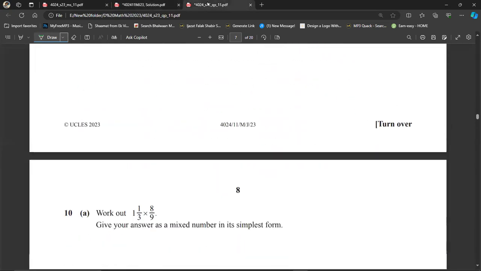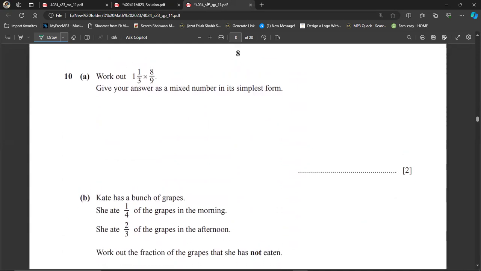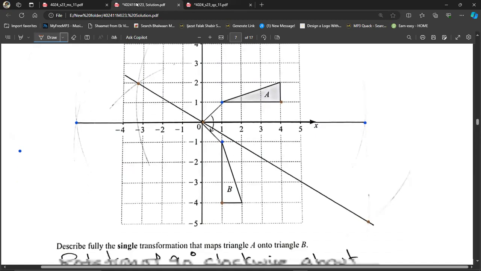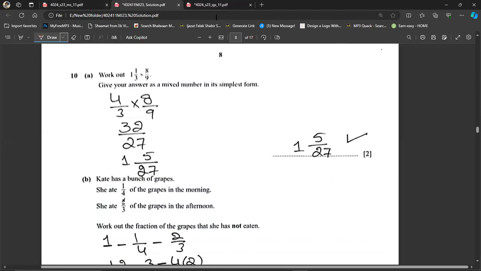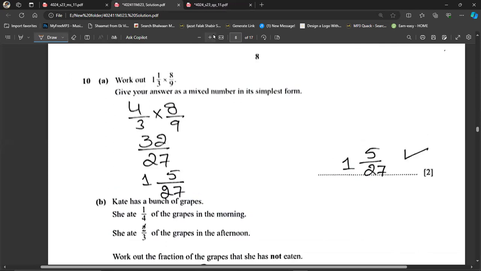Hopefully you understand. Question number 10, work out a part: work out 1 whole 1 by 3 multiply 8 by 9, give your answer as a mixed number in its simplest form. Okay, so very simple. So 3 ones are 3, 3 plus 1 is 4.